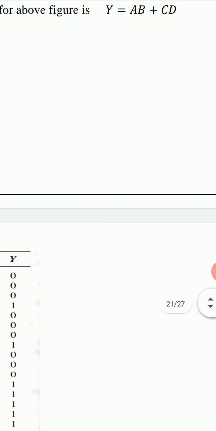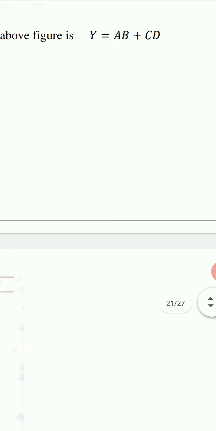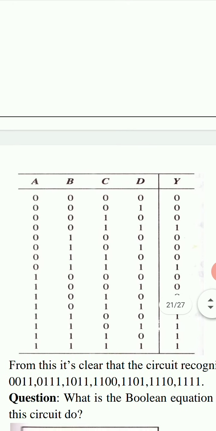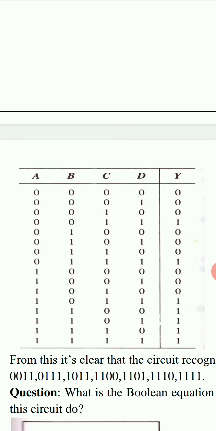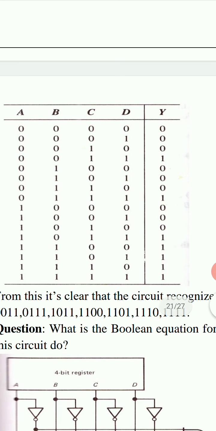From this equation Y equal to AB plus CD, if we put the values of A, B, C and D for all these possible combinations, then the output Y is shown in the truth table.